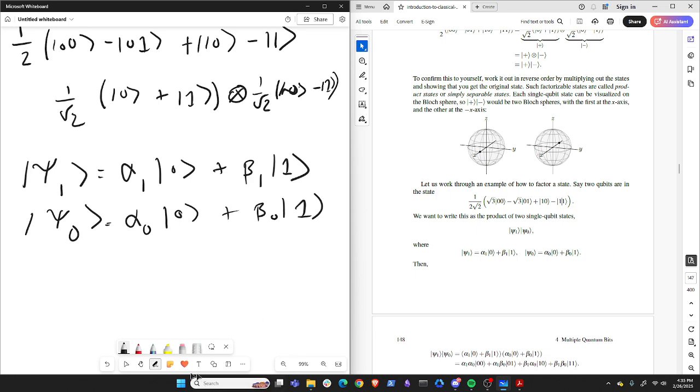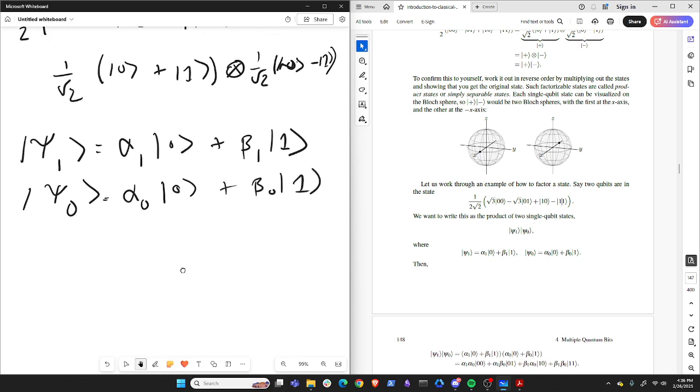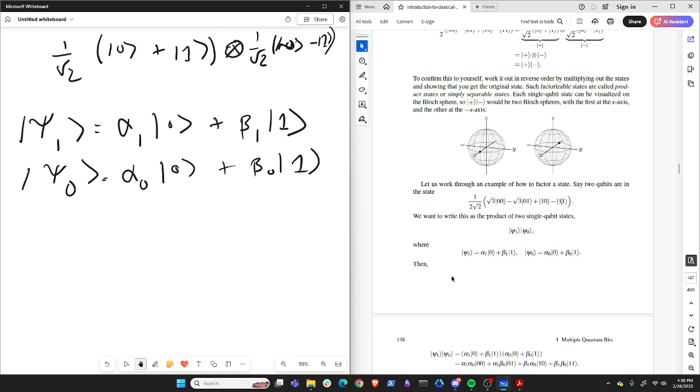And let's say that we want to extract these two psi's, psi 1 and psi 0, from some product state of two qubits, similar to the one in the example.